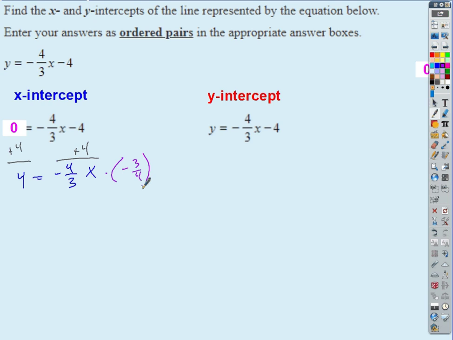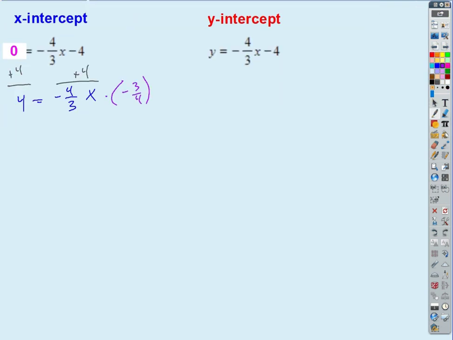Let me come down here and rewrite this, give myself a little order. So I've got 4 equals negative 4/3 x. You multiply each side by negative 3/4.